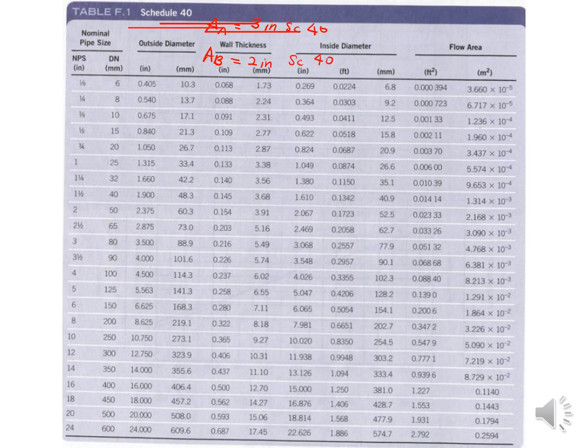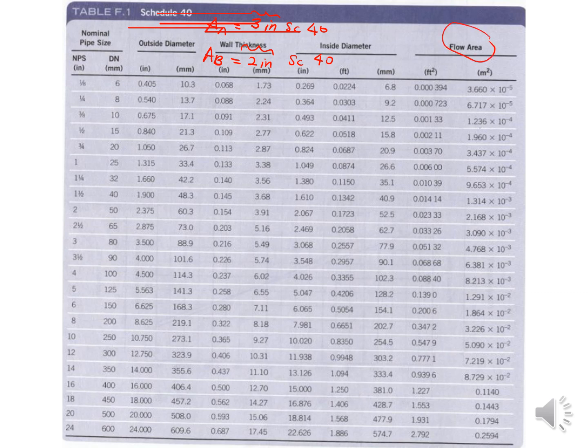So AA is 3-inch and AB is 2-inch. This is the nominal pipe size, so we want to know at this particular size what the flow area will be.